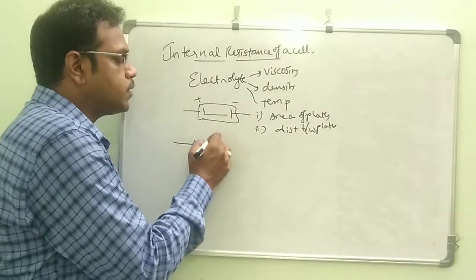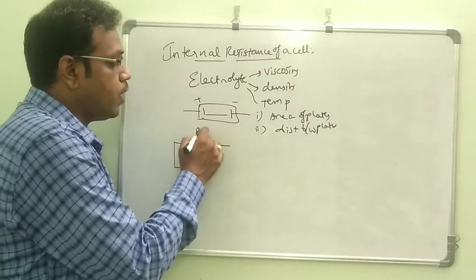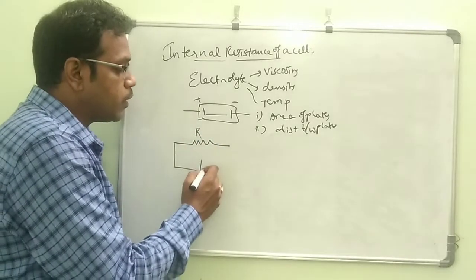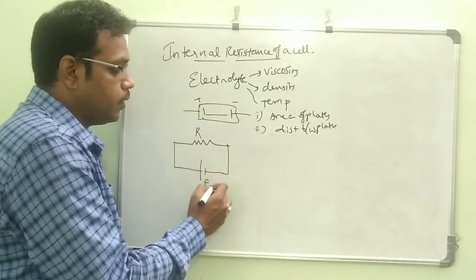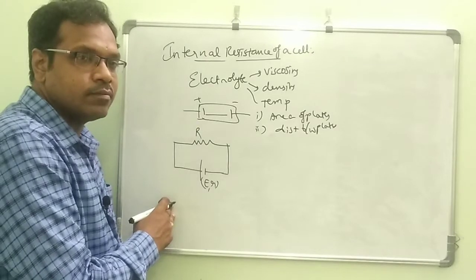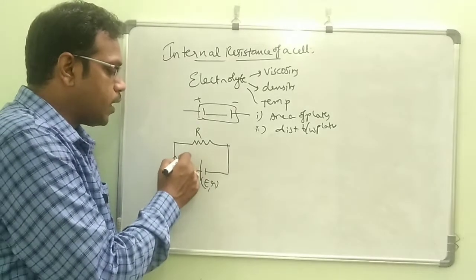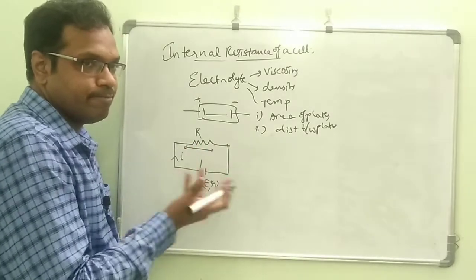If you connect an external resistor R to one cell which has EMF E and internal resistance r, current I will flow and a potential drop will come.